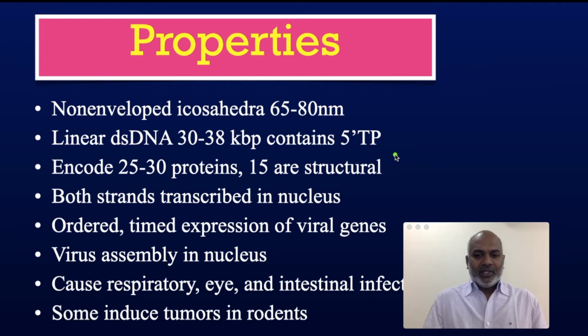After replication, it encodes roughly 30 to 35 protein molecules. Of these, 15 are what we call viral proteins, and they are involved in building the virion structure. When the virus enters the host cell, both strands of the DNA are transcribed into functional mRNA molecules.